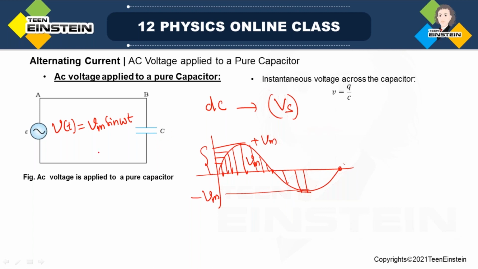In this case the current will never become zero. Obviously the capacitor will offer some resistance to the current flow, but it will not stop the current in the circuit completely. Why? Because the voltage itself is changing its polarity. So you have a capacitor.